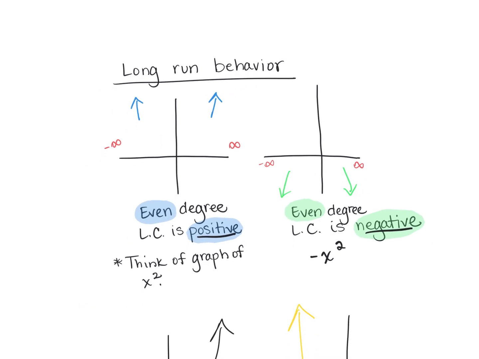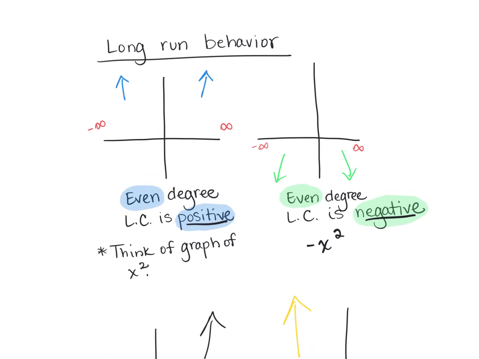Now, the way we write this is to say as x approaches negative infinity, so my x is going in this direction, then my y value, or my f of x, is going up to this positive infinity up here. So as x goes to negative infinity, f of x or y is also going to go up to positive infinity.